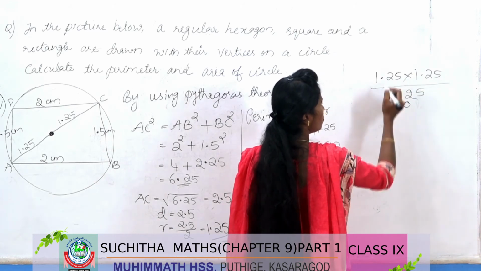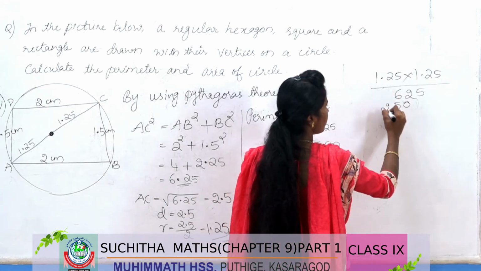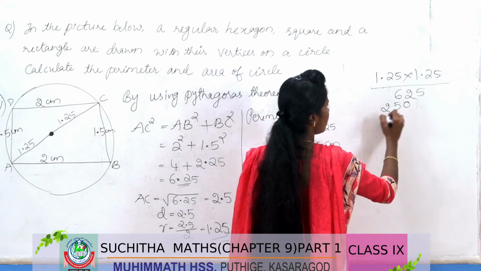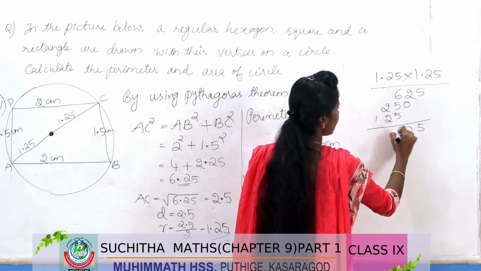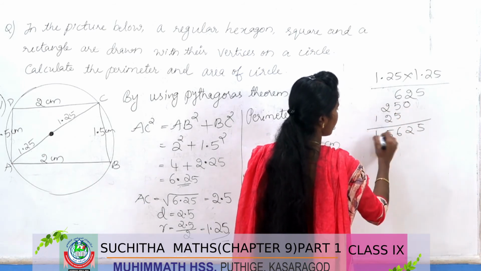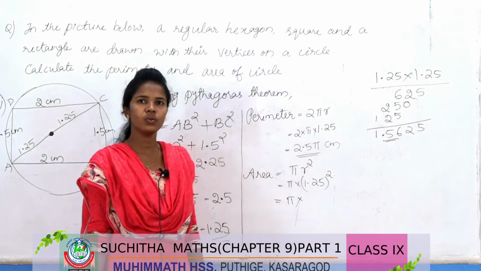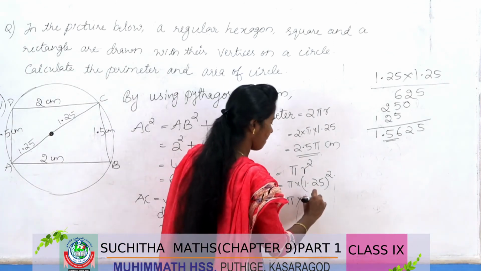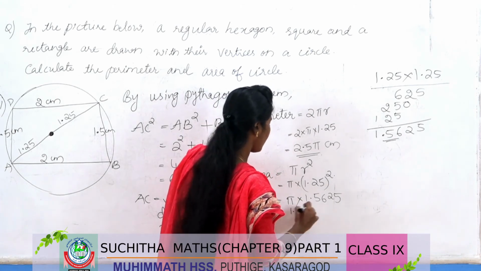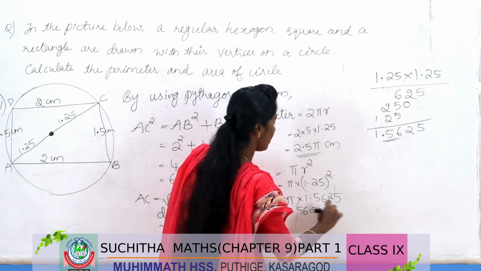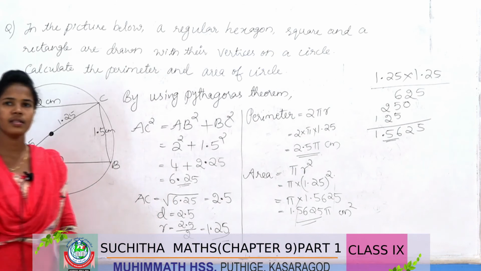Remaining 1. 2 2s are 4. 4 plus 1 is 5. Then 2 1s are 2. 1 5 is 5, 1 2 is 2, 1 1 is 1. That is 1.5625, equal to 1.5625 pi centimeter square is the area of the circle.